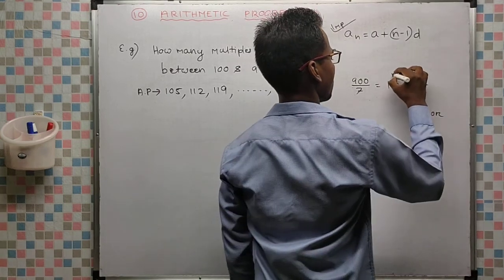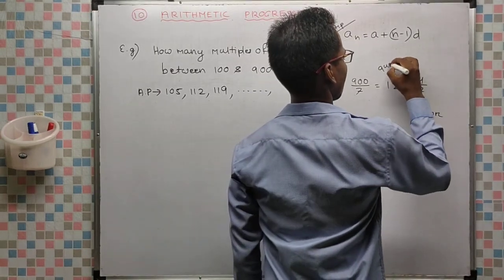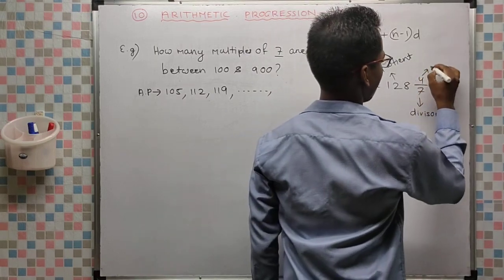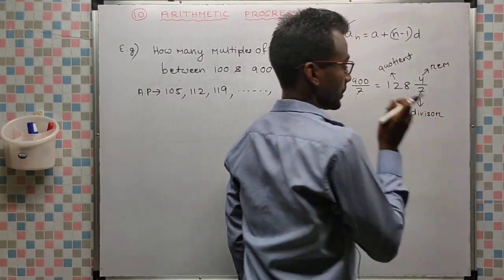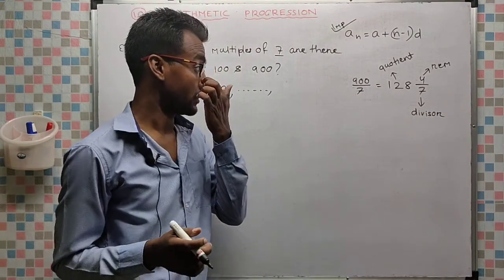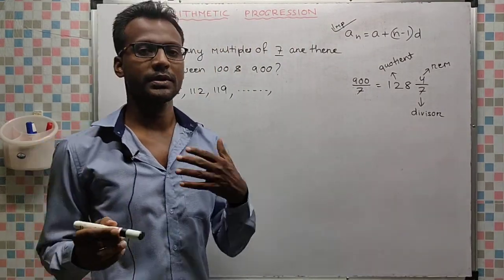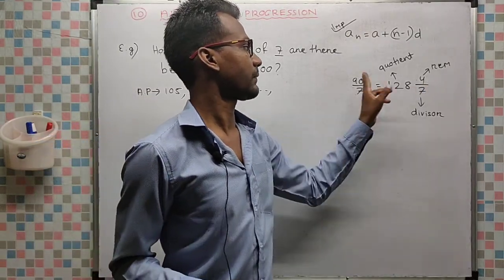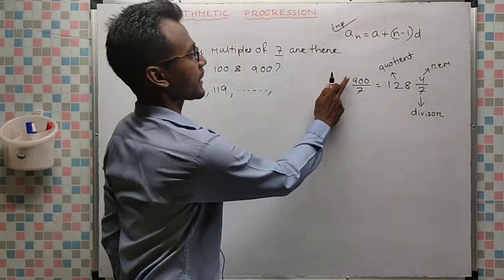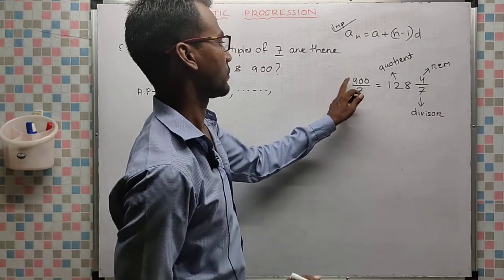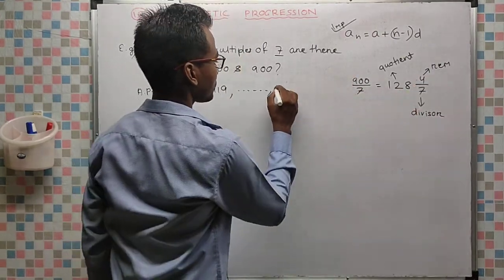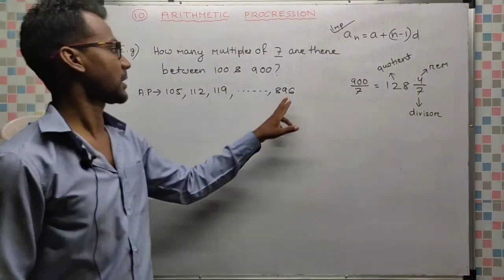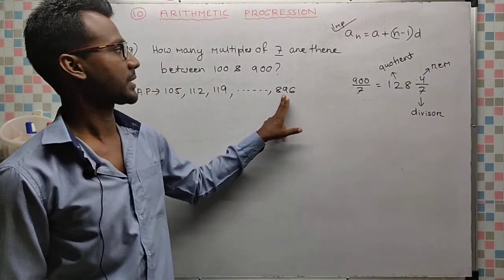When you want to find the multiple of a certain number just below a given number, you subtract the remainder from the dividend. 900 is the dividend, so 900 minus 4 is 896. So this is the last term.